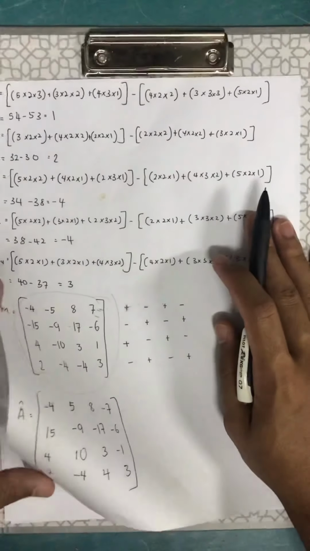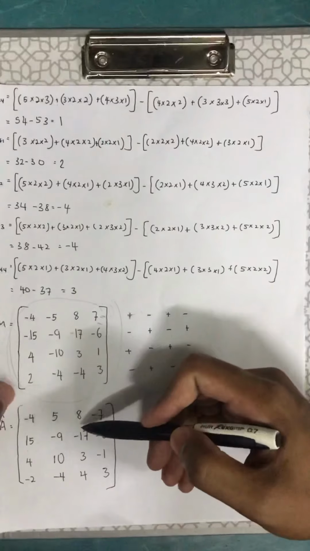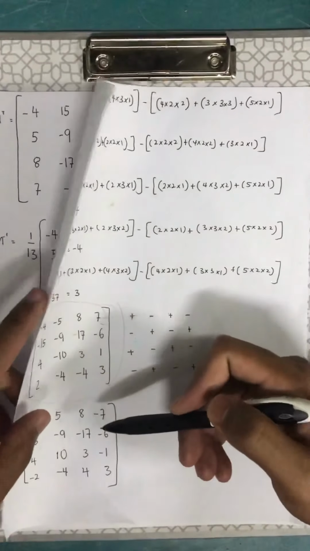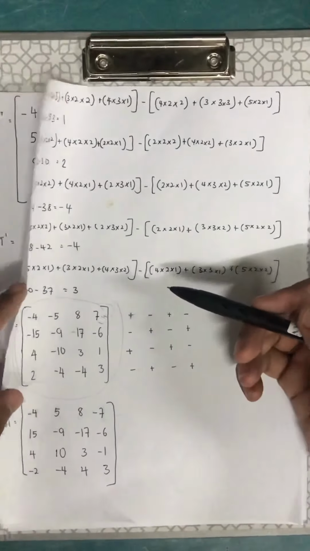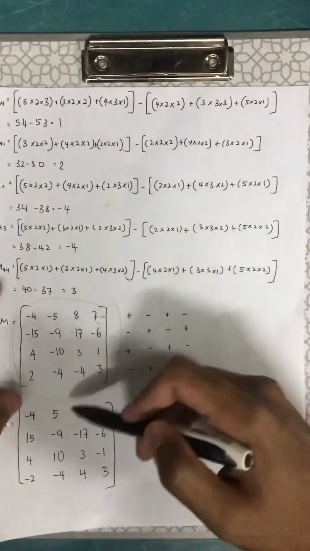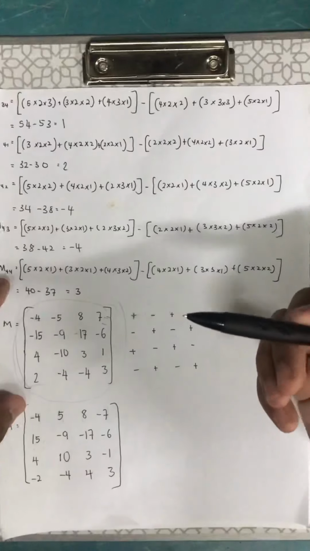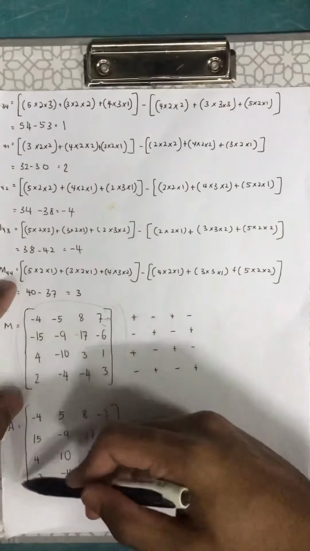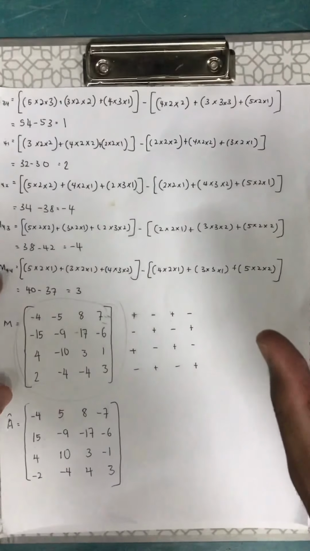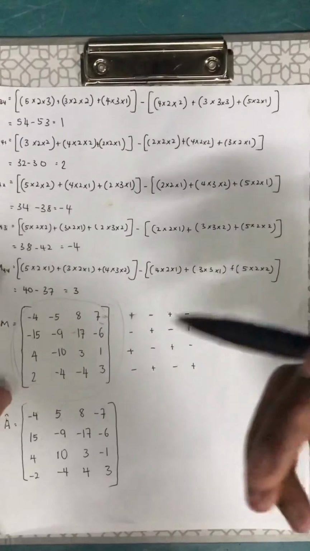Then we move on to the next step. After we got the cofactor, we have to adjoin it. As well, we know that if we want to adjoin the matrix, we have to change the row and the column.